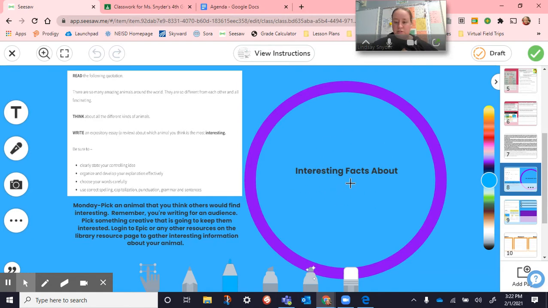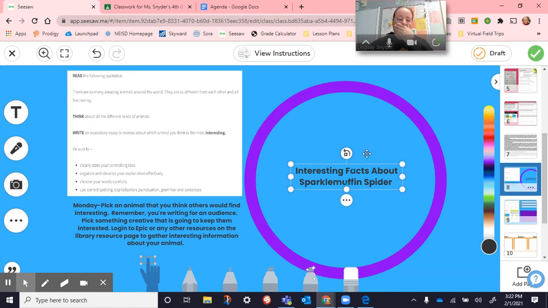So you're going to put whatever your animal is. So let's say, mine was the sparkle muffin spider. Yes, it's a true thing. And so I filled in that, and then all around here, I would go and I would research and gather information about it and put it here.